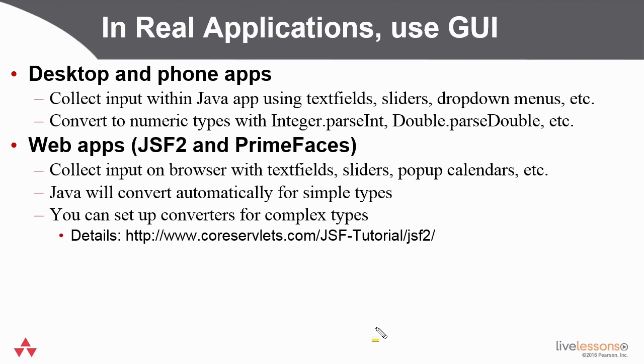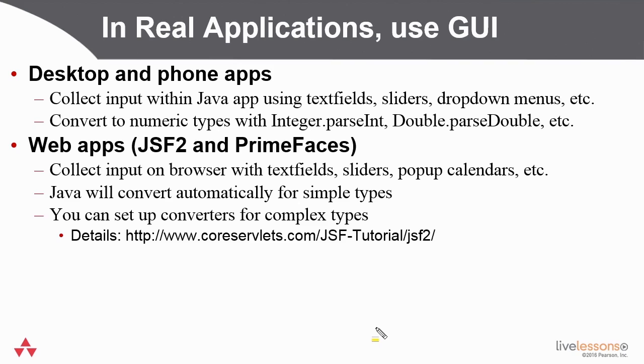The reason you learned about reading from the standard input in the early days of C++, Pascal, BASIC, or Fortran, or whatever, is you didn't have graphical user interfaces. But in a desktop Java app or a phone app in Java, you have user interfaces. So if you want to get input from the user, they shouldn't type something in on the command line. Users don't even know what a command line is anymore.